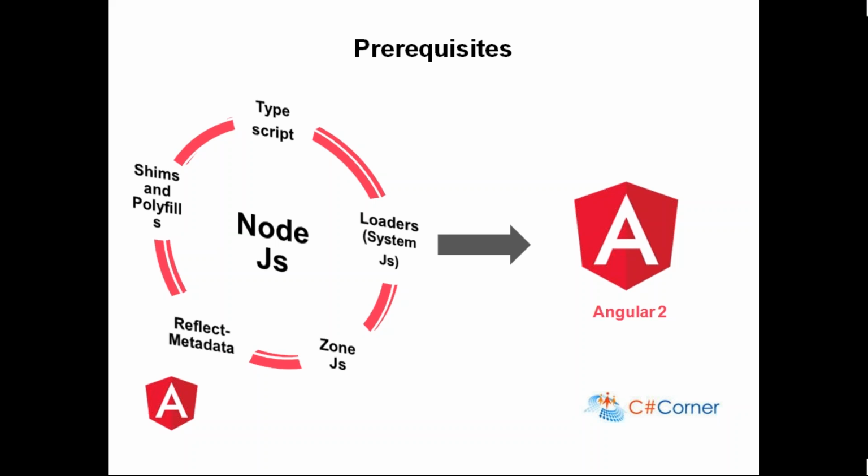Node.js is a complete ecosystem, which is used to get JavaScript open source packages from all across the world. It is a central point to get all the required data. So these are the prerequisites.